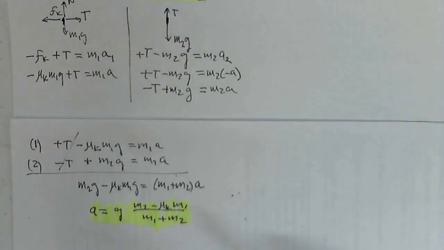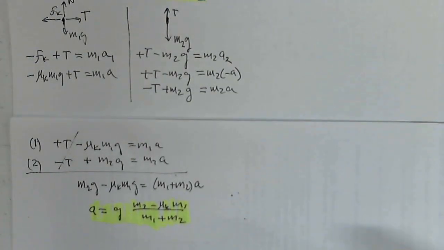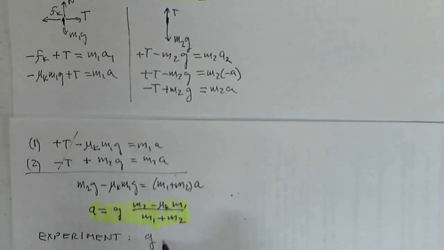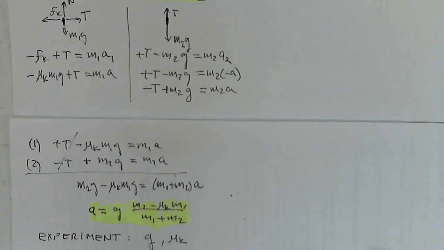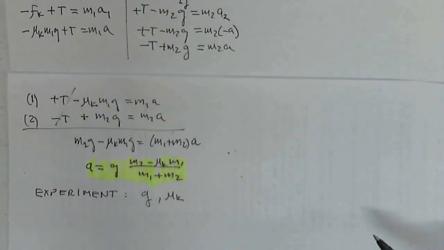But usually when you have a lab, the objective in the experiment is to find the physical constants of the equation, that in this case is g, the acceleration of gravity, and the coefficient of kinetic friction. So how to manipulate this equation such that you get that?